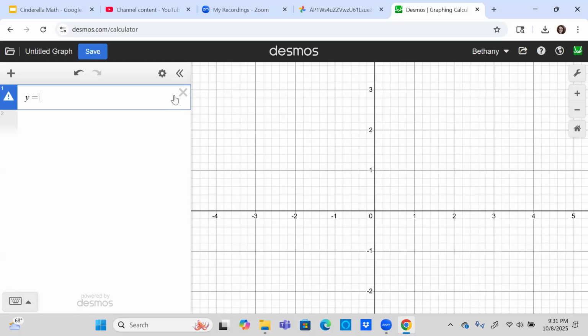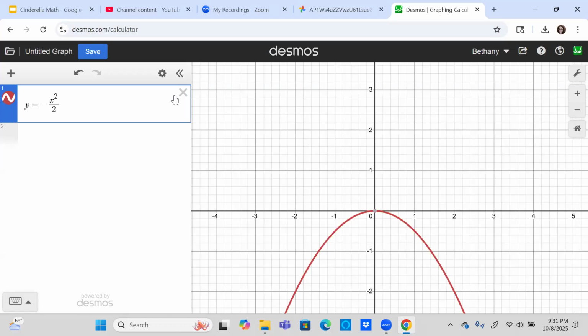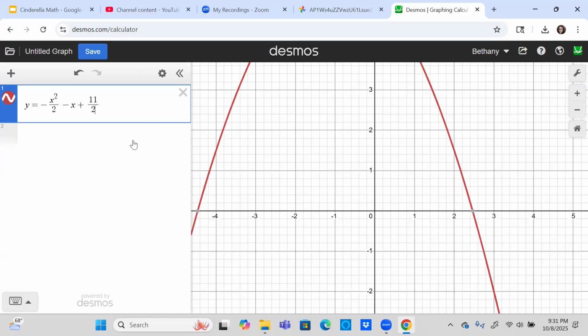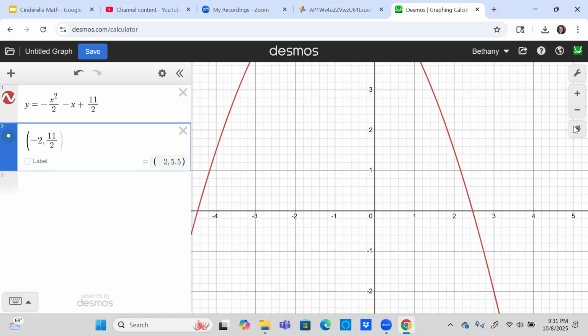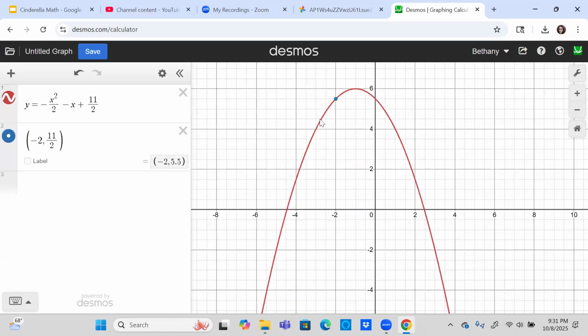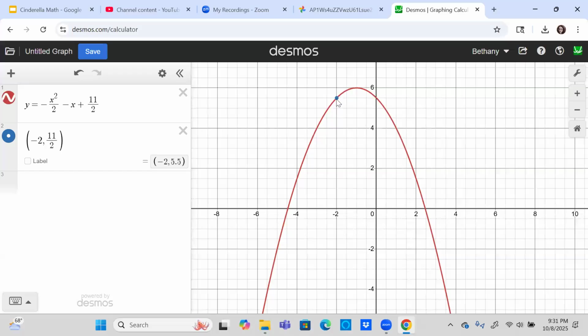That was negative x squared over 2 minus x plus 11/2. And then you're going to type the point of interest, which was negative 2 comma 11/2. I'll zoom this puppy out. There we go. So that's the original function, and the blue dot right there, there's our point of interest.